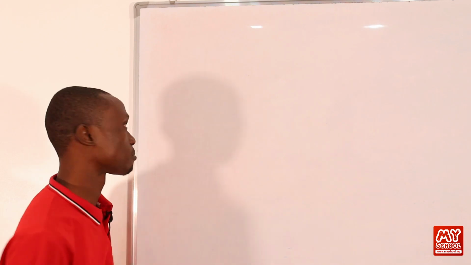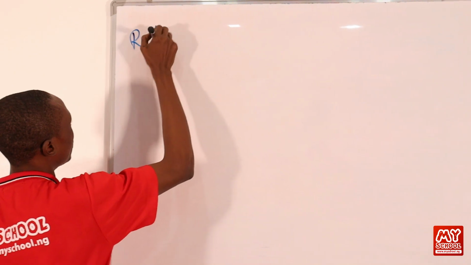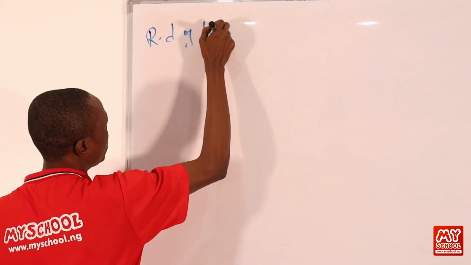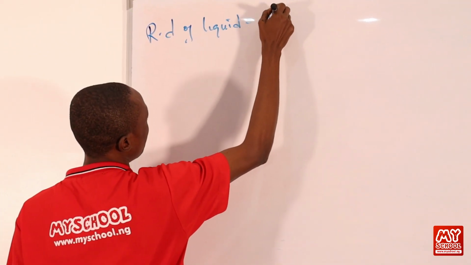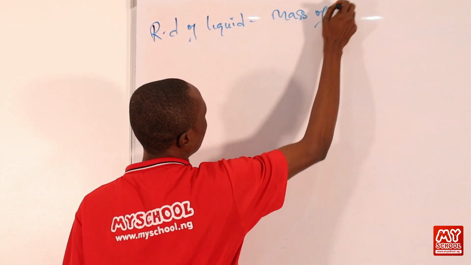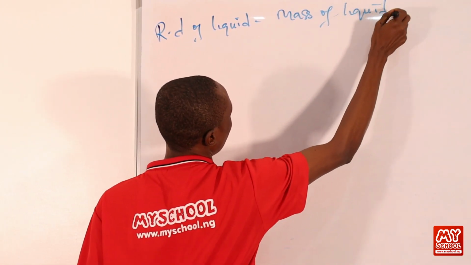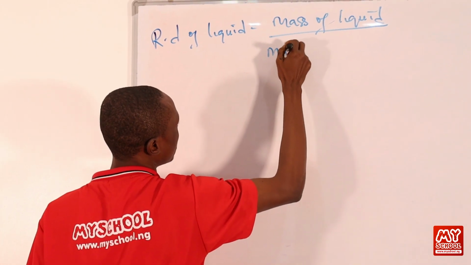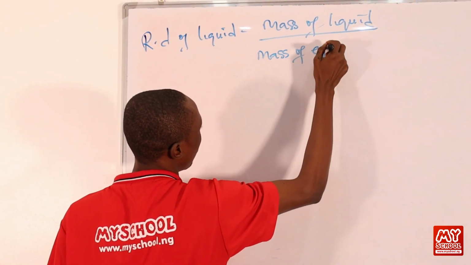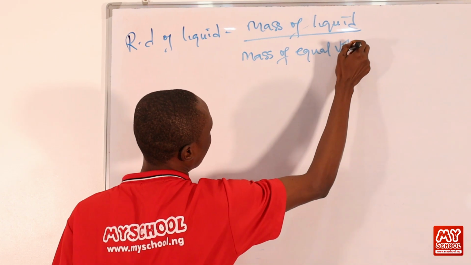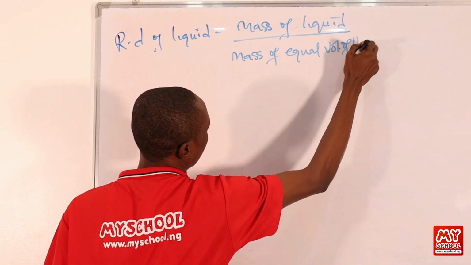So relative density of liquid will be equal to mass of liquid over mass of equal volume of water.